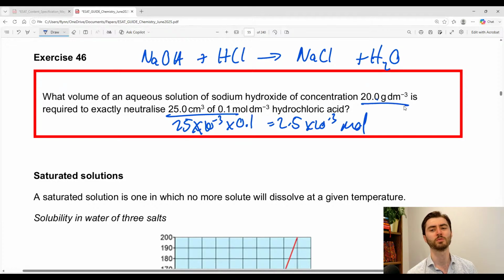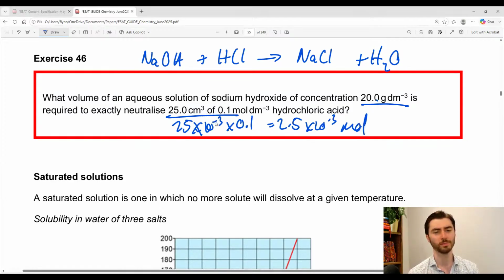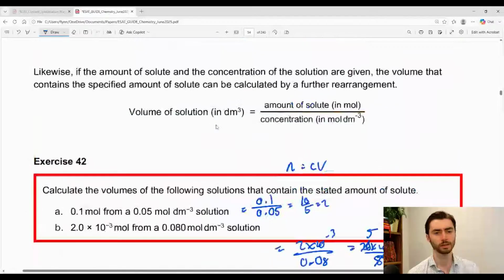Oh, don't grams per decimeter cubed me. Well, hold on. Let's work out the... So 1 mole of sodium hydroxide. Where did I last see what these Mr values are?